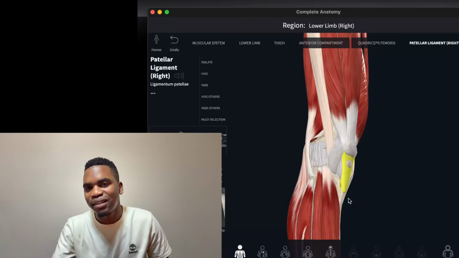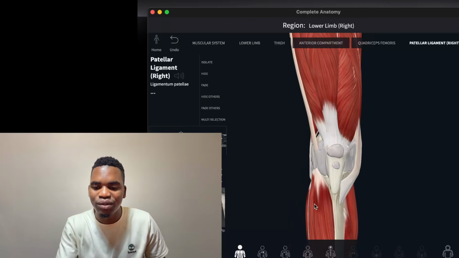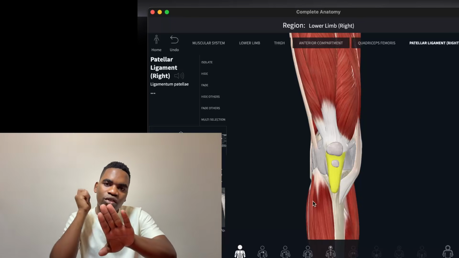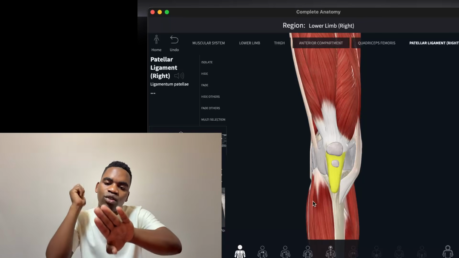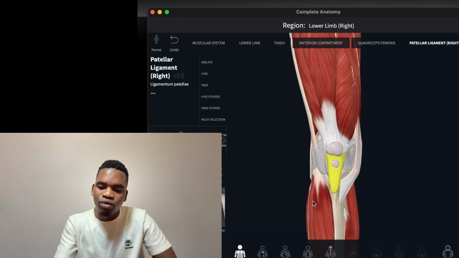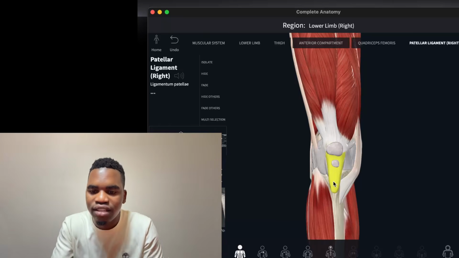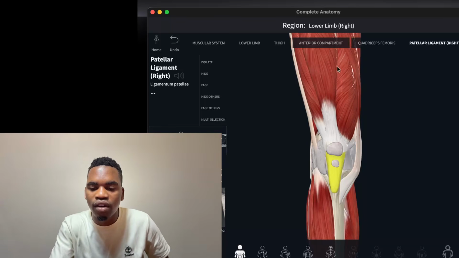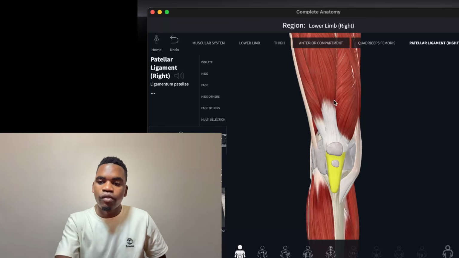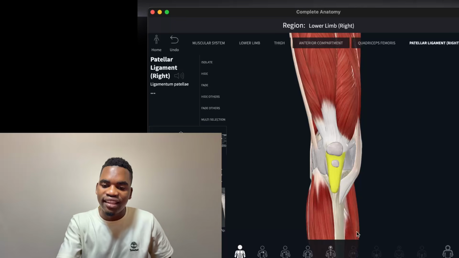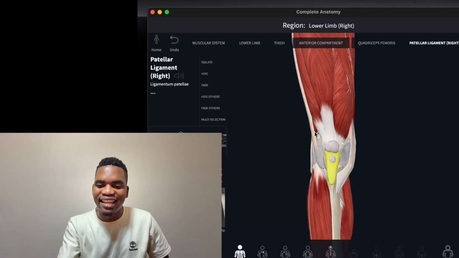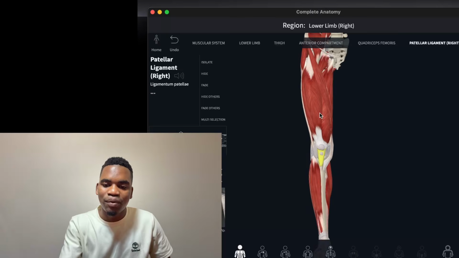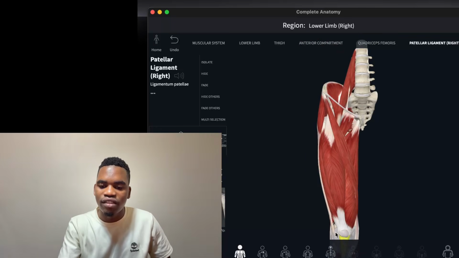This patellar ligament is what we hit when doing the patellar reflex. When you do the patellar reflex, you hit with the reflex hammer at this tendon here, and then there will be contraction of the quadriceps femoris, and the leg will extend. So the quadriceps femoris is an extensor of the knee joint.